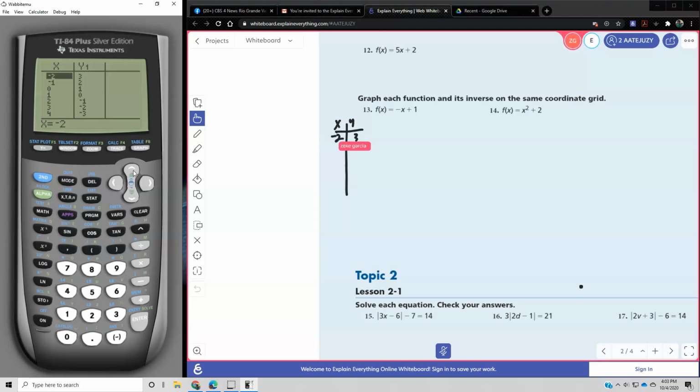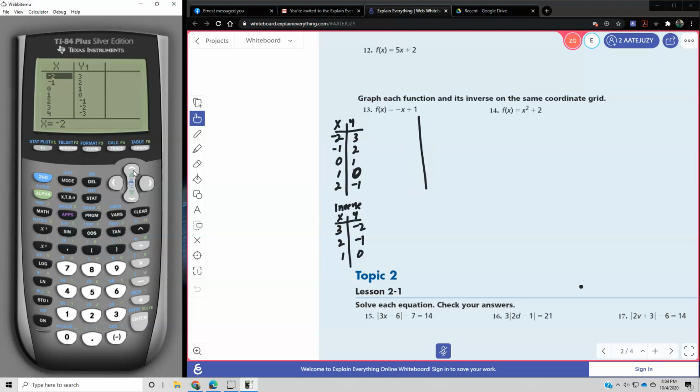We have negative 2, 3, negative 1, 2, 0, 1, 1, 0, 2, negative 1. Here is going to be my inverse. Remember, you just have to switch the x and the y. 3, negative 2, 2, negative 1, 1, 0.